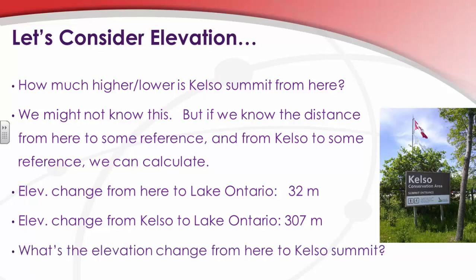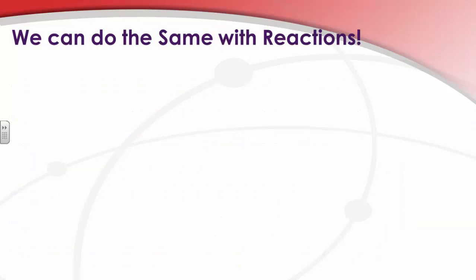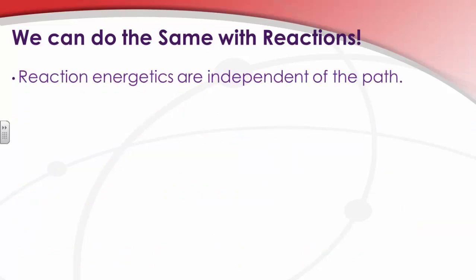So this is exactly what Hess's law does. It essentially takes that same idea and one simple assumption that reaction energetics are independent of the path taken to get the molecules.